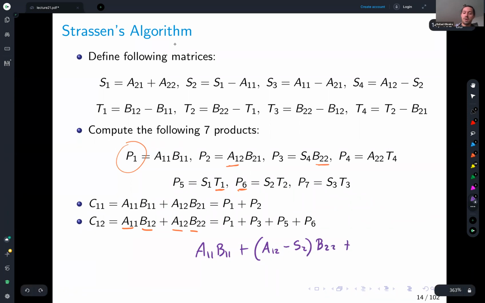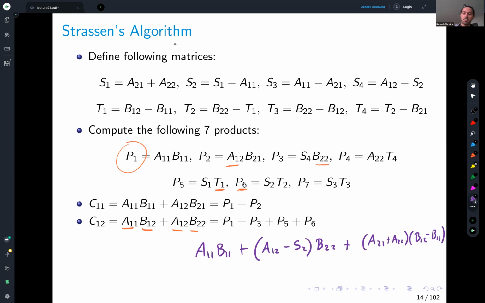And then we have P5 is equal to S1 times T1. But what is S1? S1 is equal to A21 plus A22. Okay, P5 is S1 times T1, and T1 is B12 minus B11.